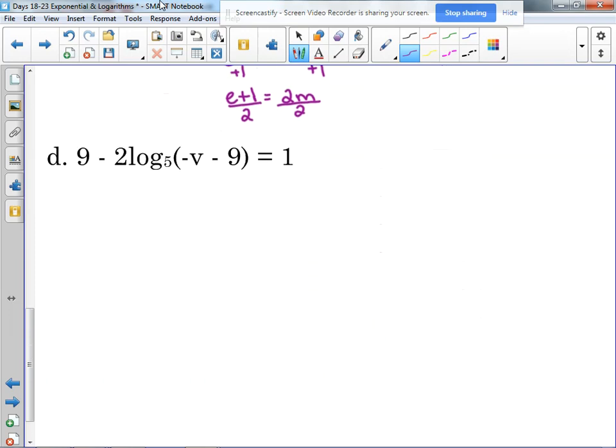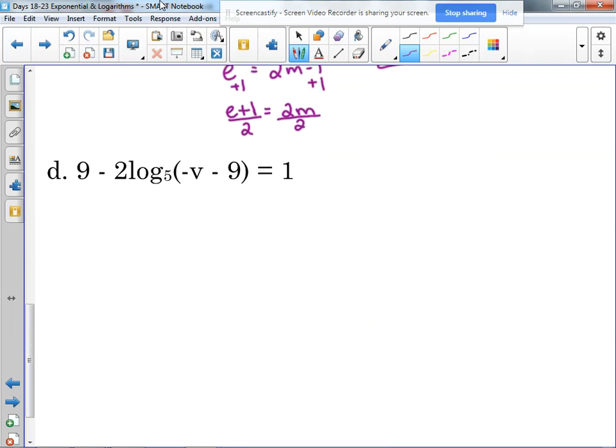Okay, one more example. Let's do a log base 5. Again, similar to the previous example, you do not simplify the 9 minus 2 because that is 2 times the log. So we need to start by subtracting the 9 from both sides. That gives us -8.